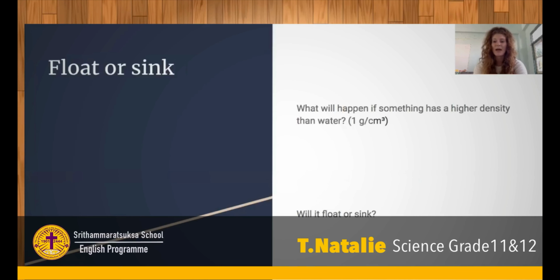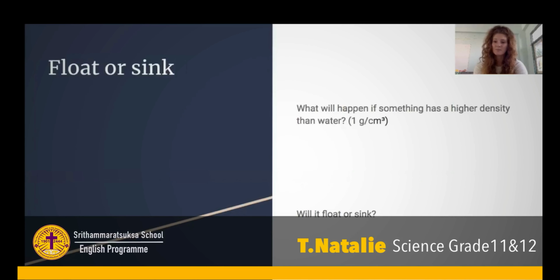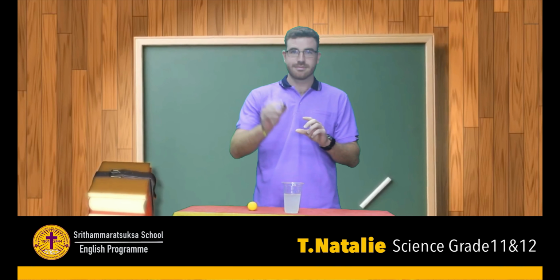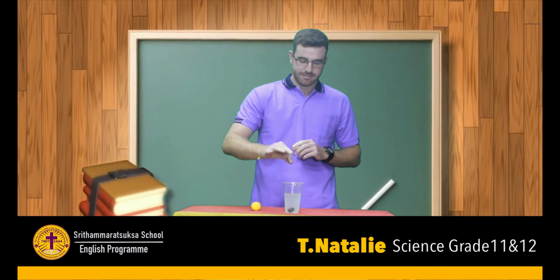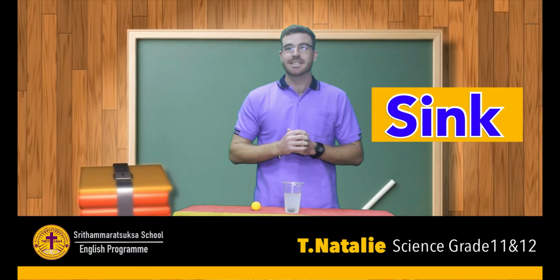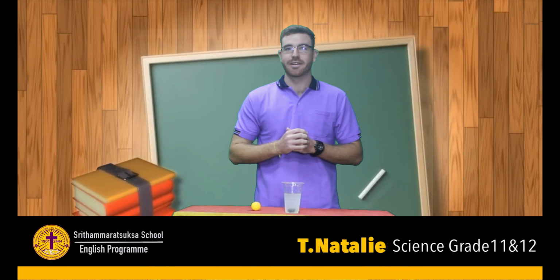What do you think will happen if it has a higher density than water? Again, a higher density than 1 gram per cubic centimeter. Do you think the object will sink or float? It sinks. That means it has a higher density than water.